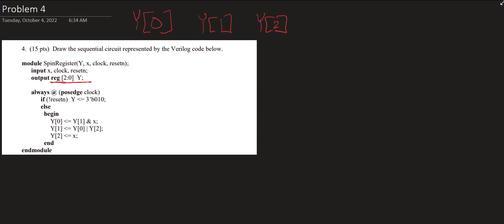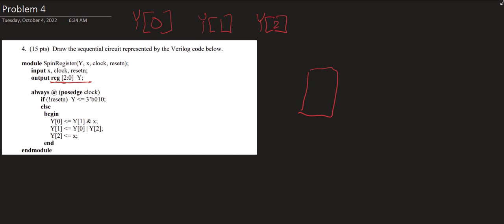I know it's bizarre. You can just kind of learn it that way. This is like the initial load. So the initial load for the reset is to load y to be 0, 1, 0. And so what that means is that when you start, let me draw my three.